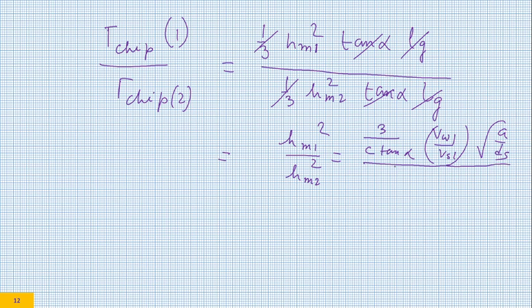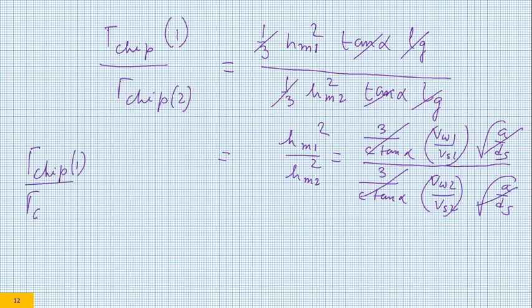On the denominator, you would have 3 by C tan alpha Vw2 by Vs2 divided by root ADS. So everything cancels out. So you are left with Vw1 by Vs1 divided by Vw2 by Vs2.